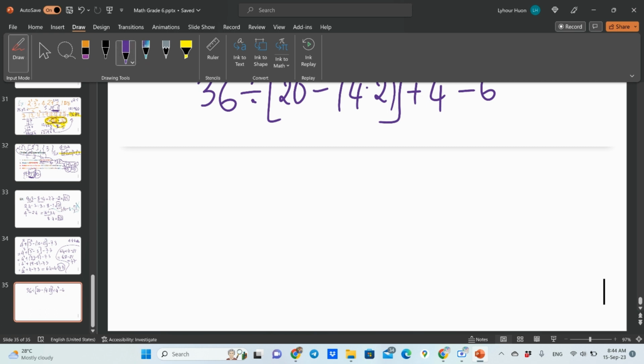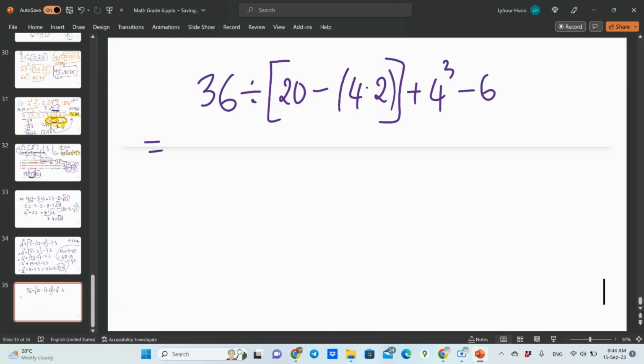What we need to do first is inside the parentheses, so keep everything else the same. So this is 20 minus 4 times 2, and 4 times 2 is 8.